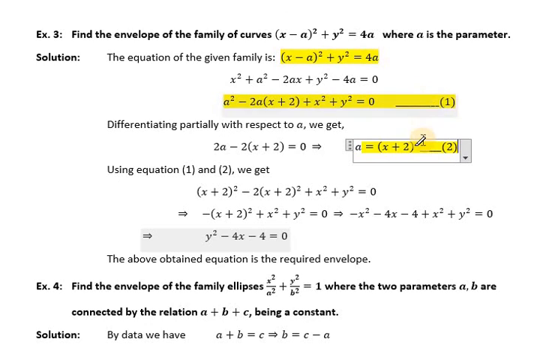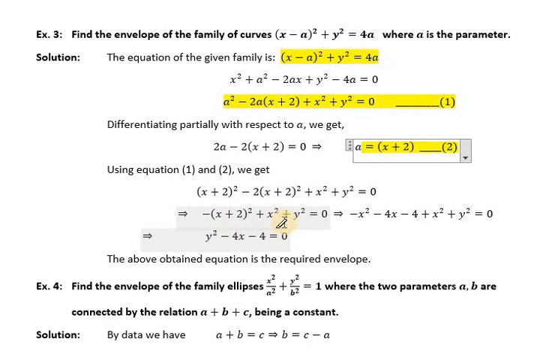Now observe equation 1 and 2. Among these two equations, we are supposed to eliminate a. So substitute a value in equation 1. So we get, instead of a square, x plus 2 whole square, minus 2 into a value x plus 2 into x plus 2 we have. So we have taken it as x plus 2 whole square plus x square plus y square as it is.